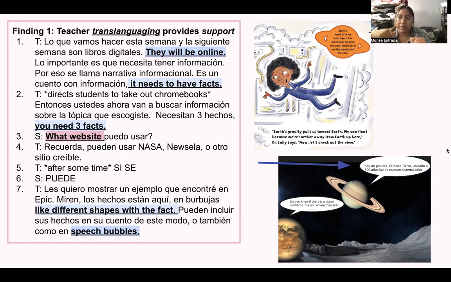So you can see that parallel of how this student took this example and made it his own, but also used translanguaging, that conversation we had and the conversation within the classroom of what was expected. He was able to make it his own and put it within his story. So translanguaging allowed him to grasp what was needed and fully create something that was unique through that support.